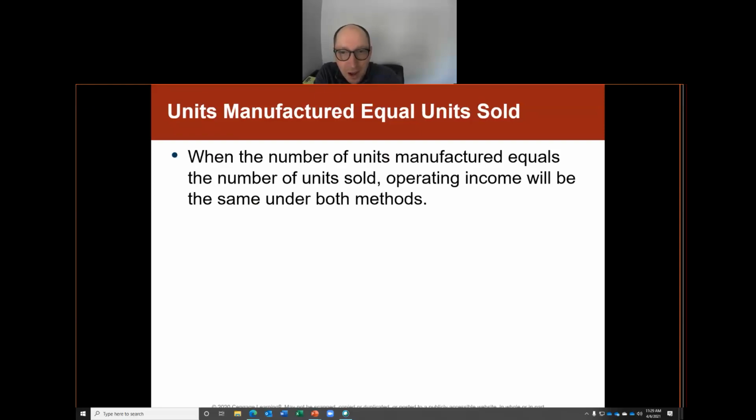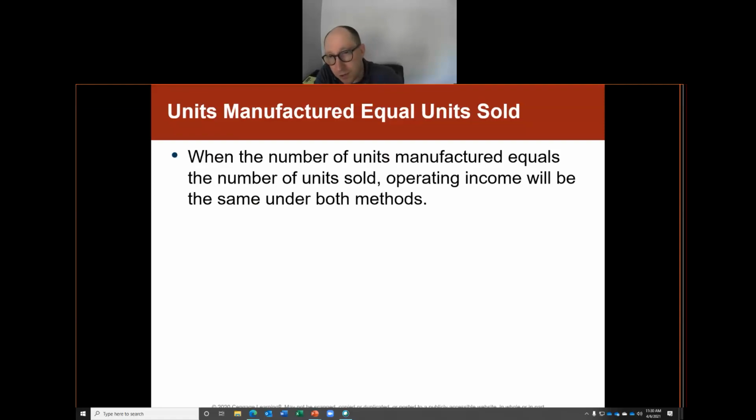Now let's take a deeper look. So when the units manufactured are the same as units sold, the operating income will be the same under both absorption costing and variable costing. I'll say that again.